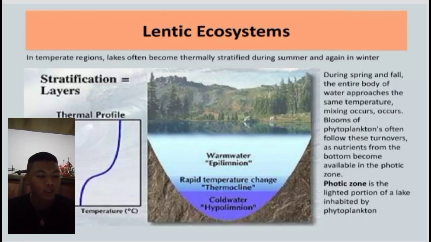The stratification in lentic ecosystems refers to the layering of water into distinct horizontal zones based on temperature, density, and light penetration. This phenomenon occurs primarily in lakes and large ponds, and is influenced by factors such as sunlight, temperature, and water density.